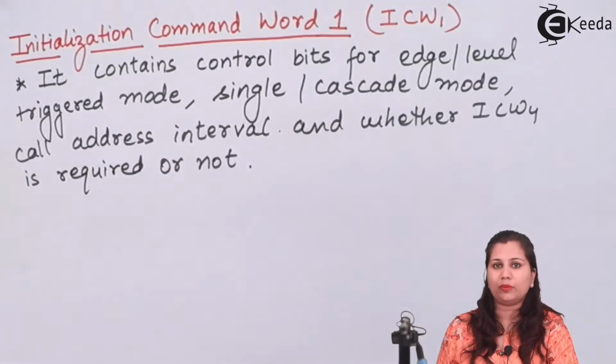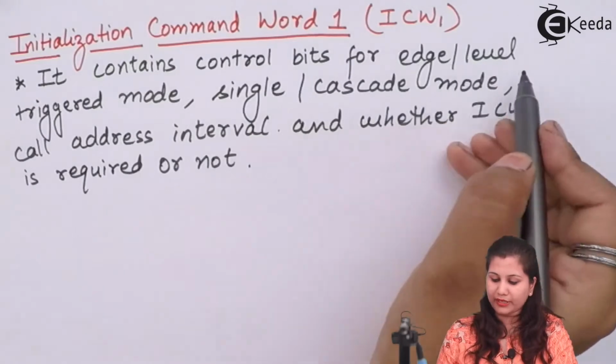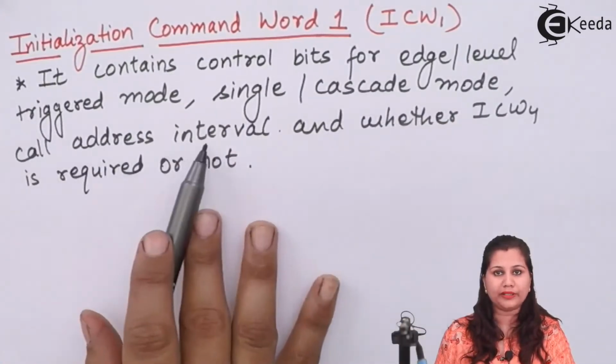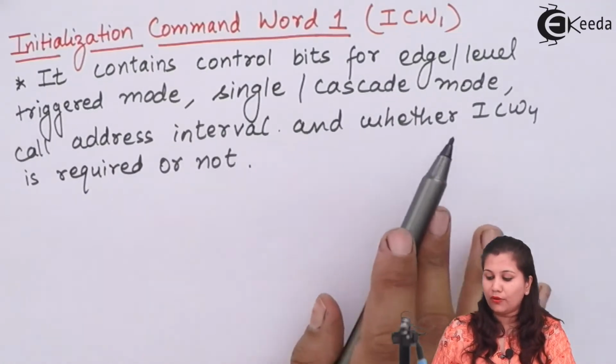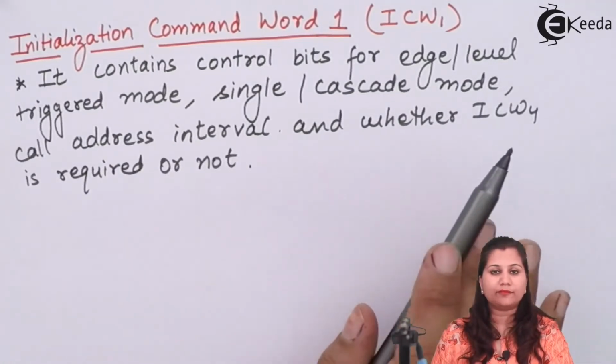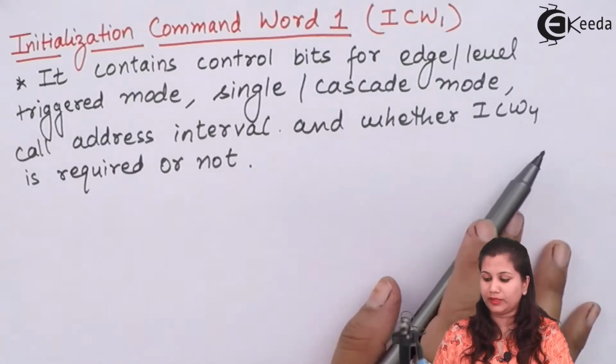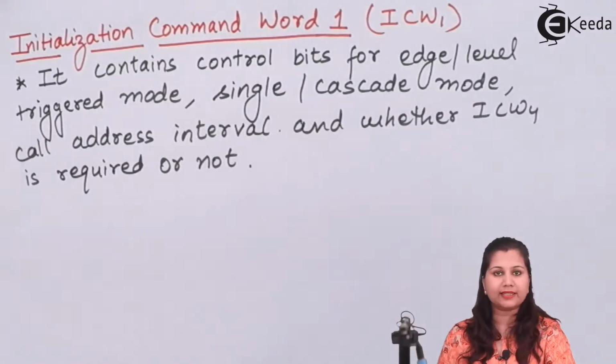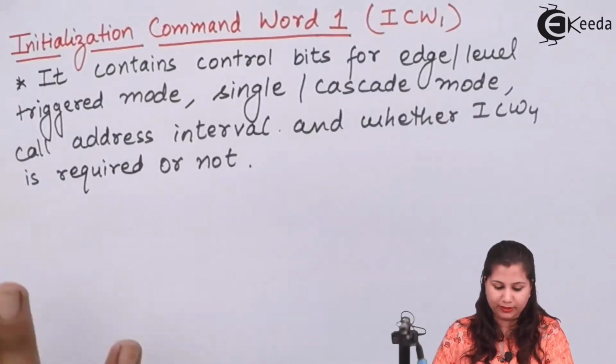So this ICW1 has the control bits for edge and level triggered mode, for single or cascade mode, for the call address interval, and also whether the fourth initialization command word ICW4 is required or not. So let us see the format of this ICW1.